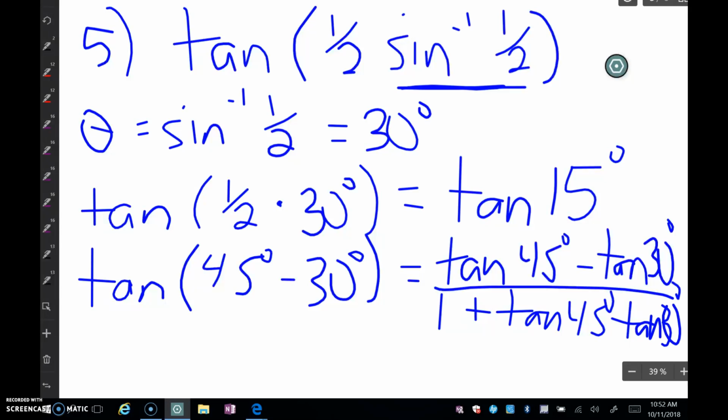Now, sorry for my bad handwriting there, I could have used the half angle formula, but I just like the sum and difference better. So that's why I'm doing that one. So now I go to my unit circle and I look those values up. So tan of 45 is 1. Tan of 30 is the square root of 3/3, I think. So I'm putting in all my values then.